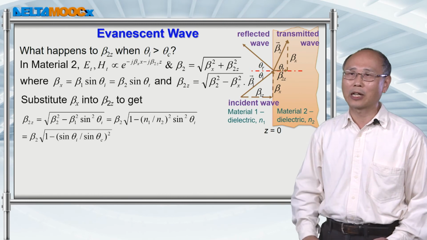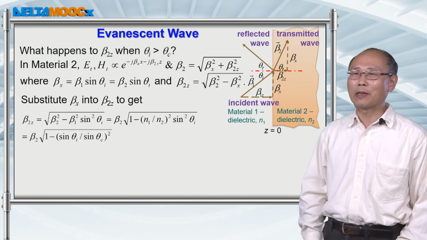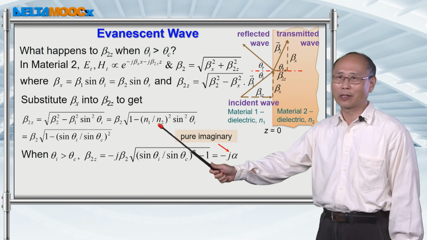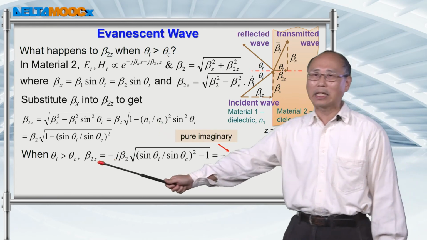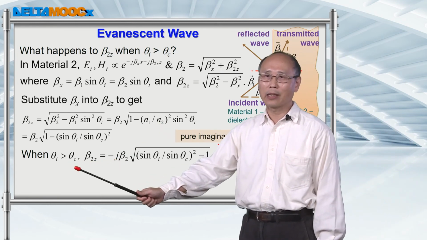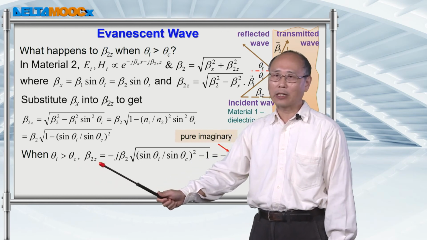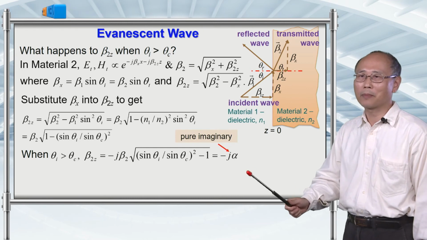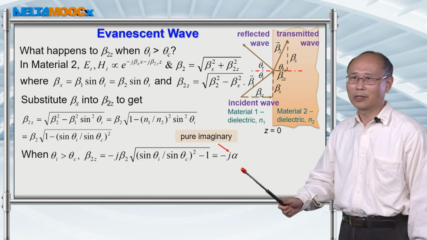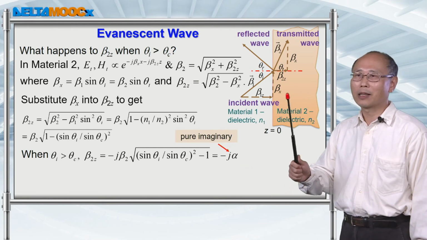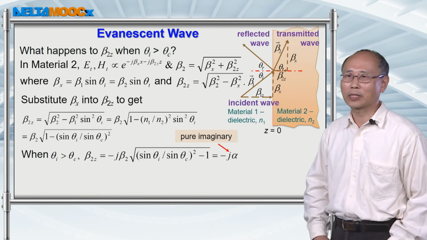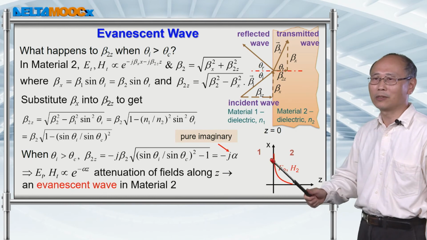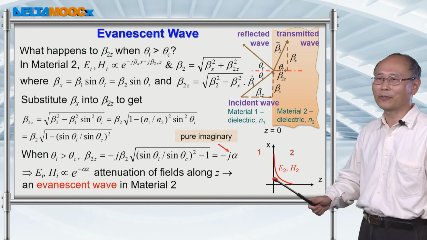You can just do the derivation by yourself. And the important conclusion is that once we finish this calculation, we found that when incident angle is larger than the critical angle, the propagation constant along z direction in the second material becomes pure imaginary. So this means that the wave cannot penetrate into the second material, and the field in the second material is going to have exponential decay from the boundary.